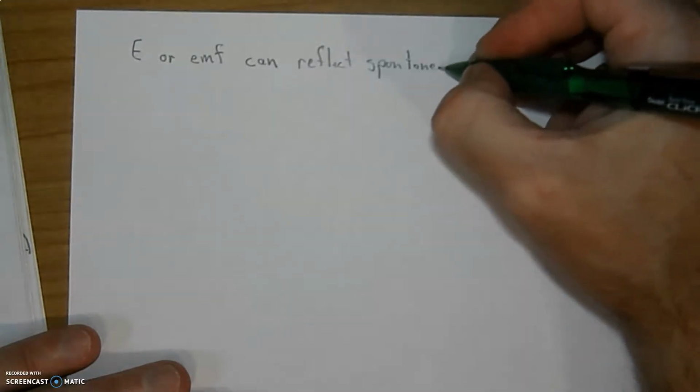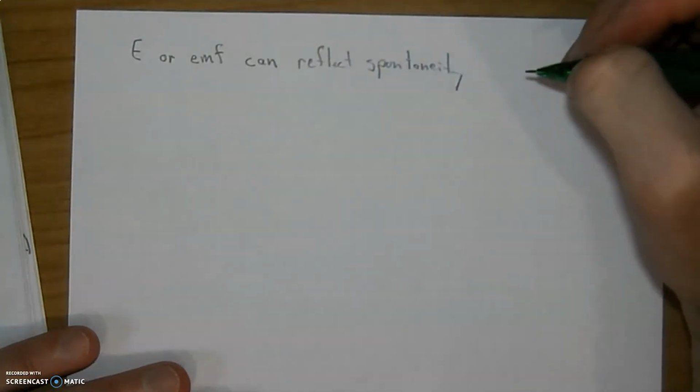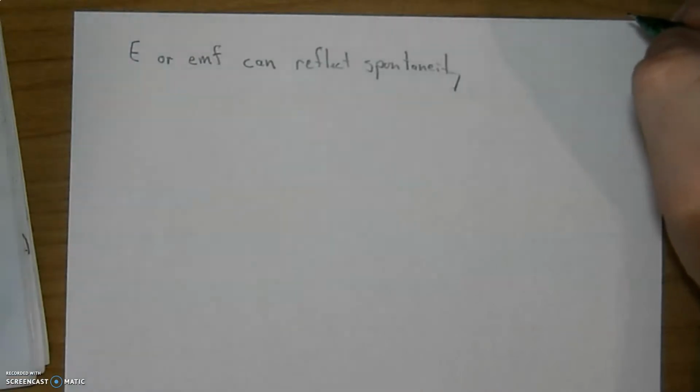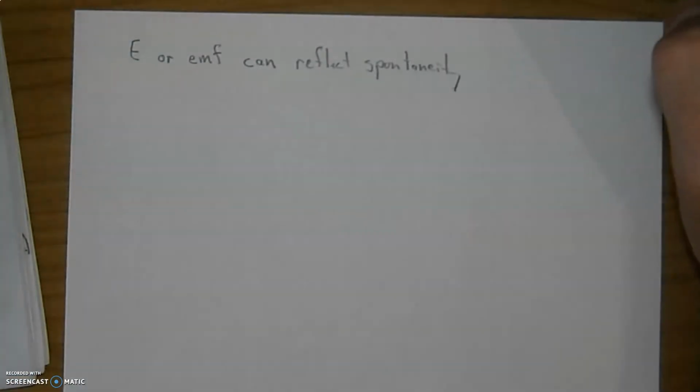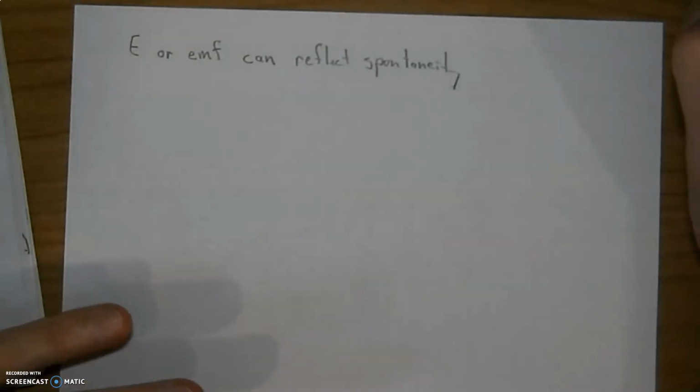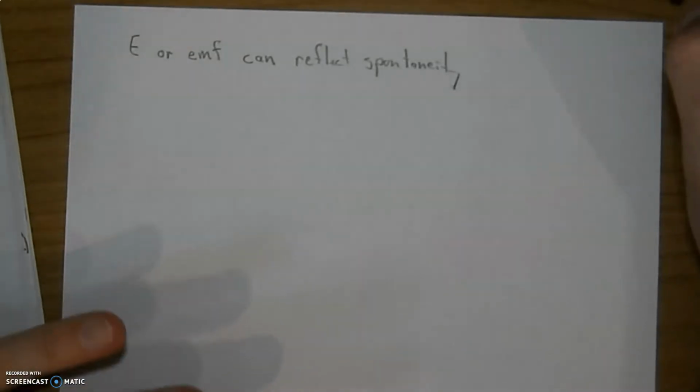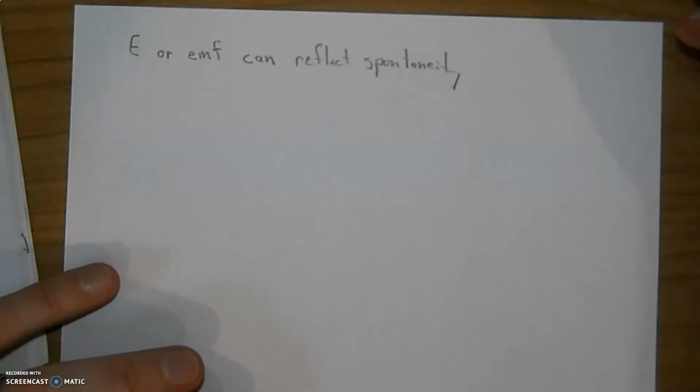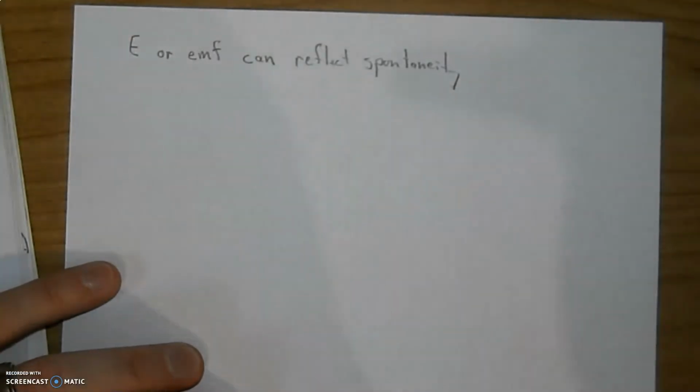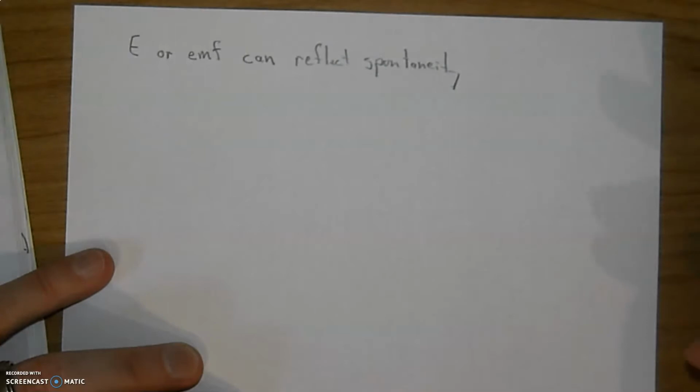Spontaneity. This should be sort of familiar because we just got done doing this in the previous chapter, chapter 19, I think it was. And this was looking at the idea or the possibility of a reaction taking place. How likely is it to take place?